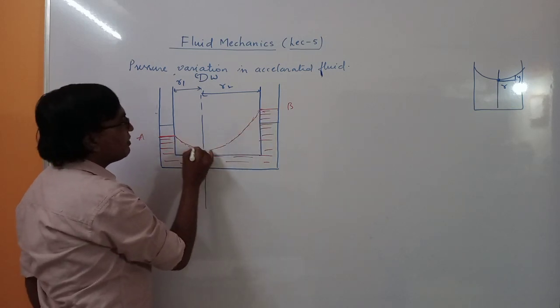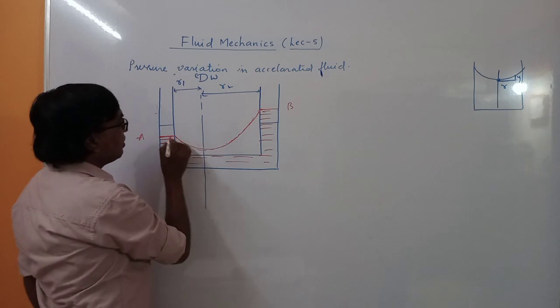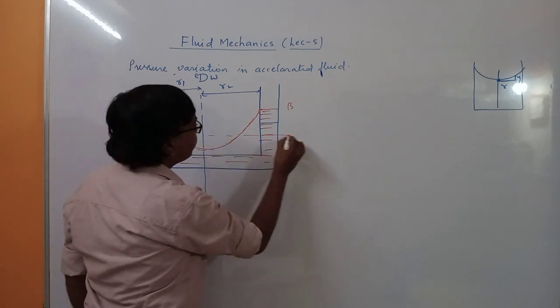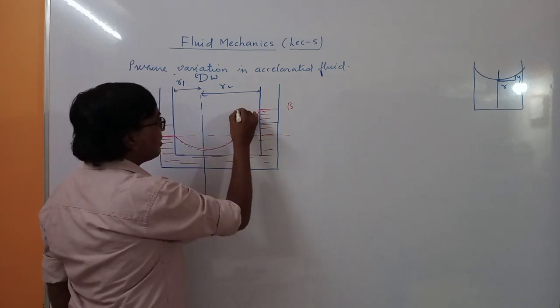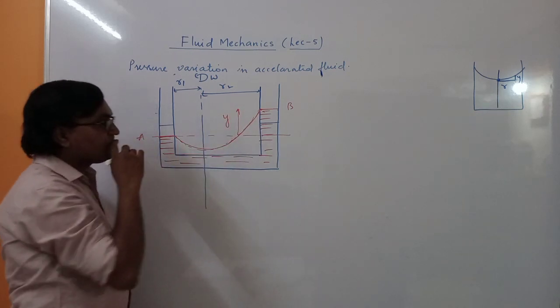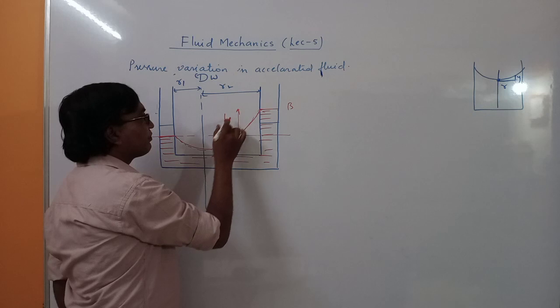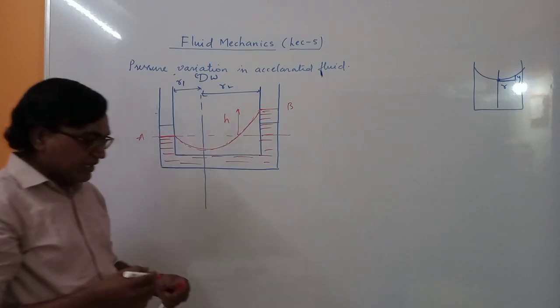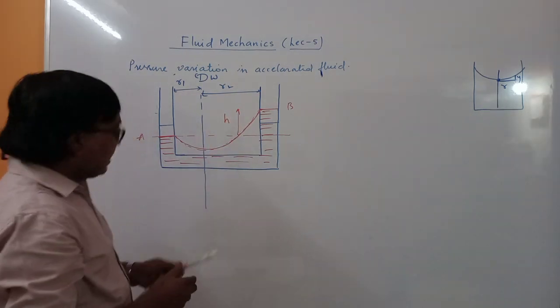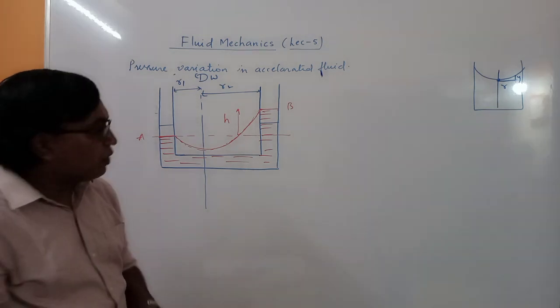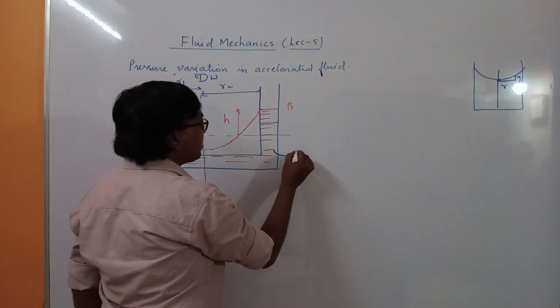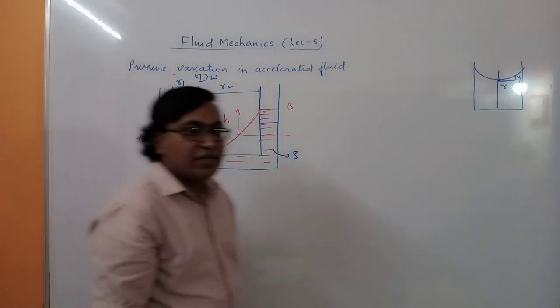The variation will be like this. If you take this level and from here this height is y, we have to find out this height h. So find this height h. Density of the fluid is rho, which is not required here, but still you can assume the density of fluid to be rho.